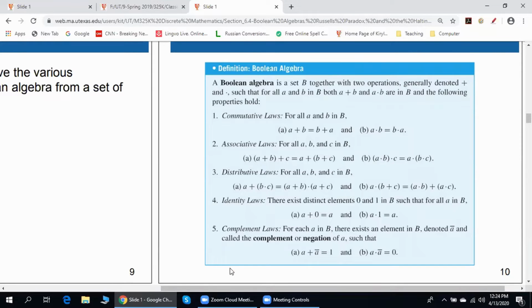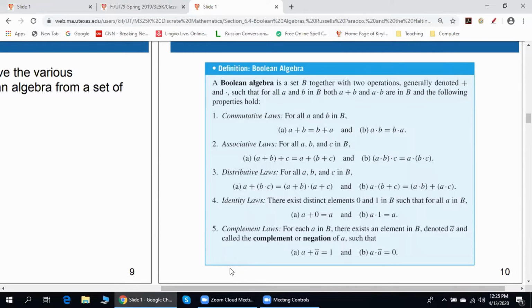Let me ask you a question. If we compare plus here and logical operations, what do you think? Is plus OR, or is plus AND? Times is AND.